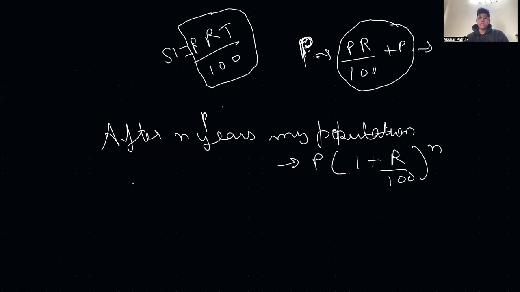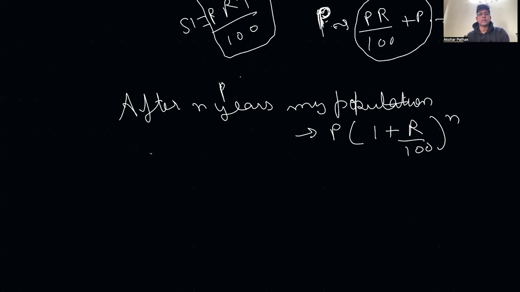Okay. And also after n years, after having that compound interest, my value will be P into 1 plus R by 100 to the power n. Okay. So this formula can be applied in both. Just you have to check whether R is the rate of increase of population or the rate of your compound interest.